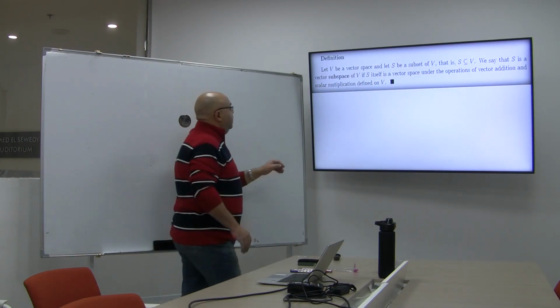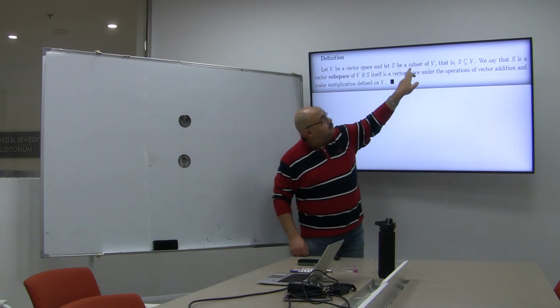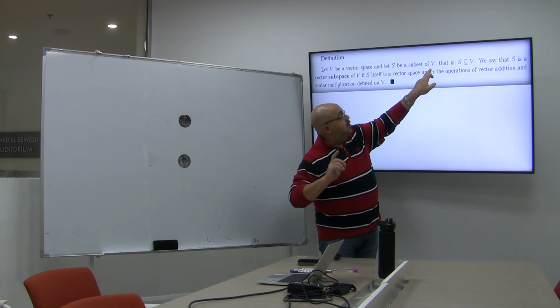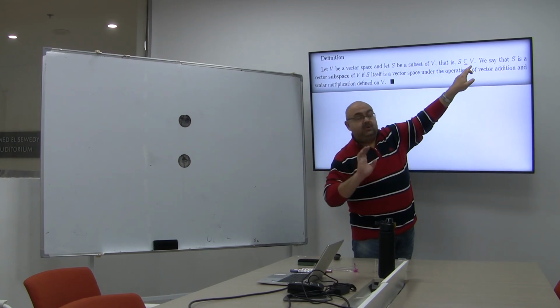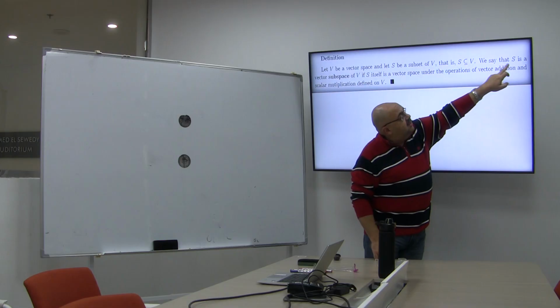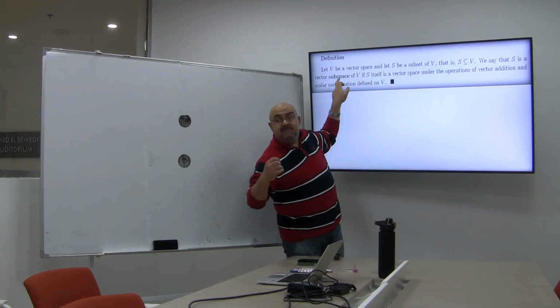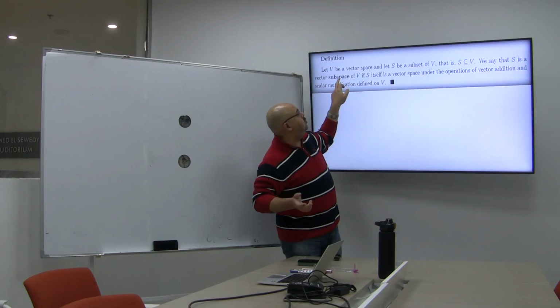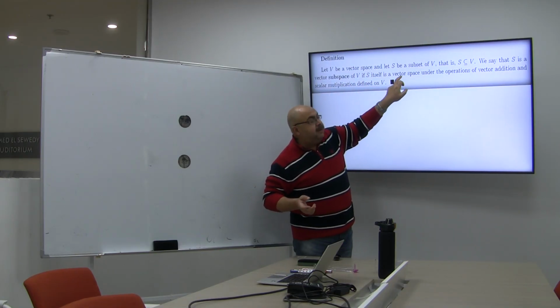So in this paragraph, he's telling you, let V be a vector space and S be a subset of V. So it's a part of V. Okay? That's S is a subset of V. Once more, it's a part of it. We say that S is a vector subspace or subvector space, both of them are correct, of V if S itself is a vector space.